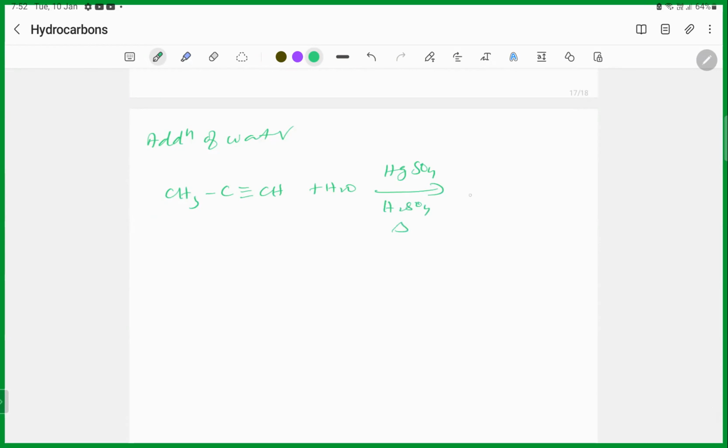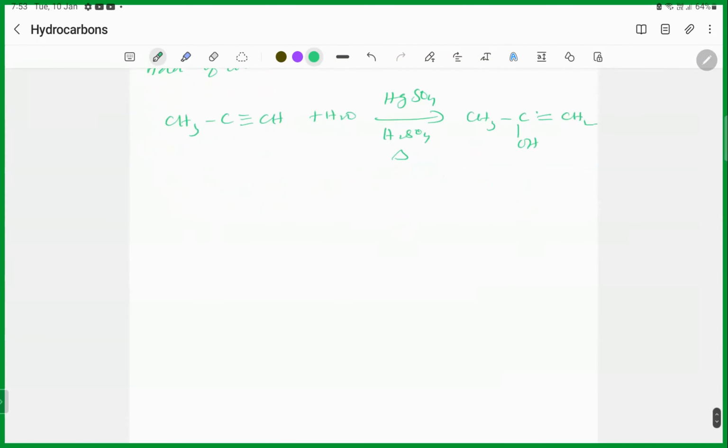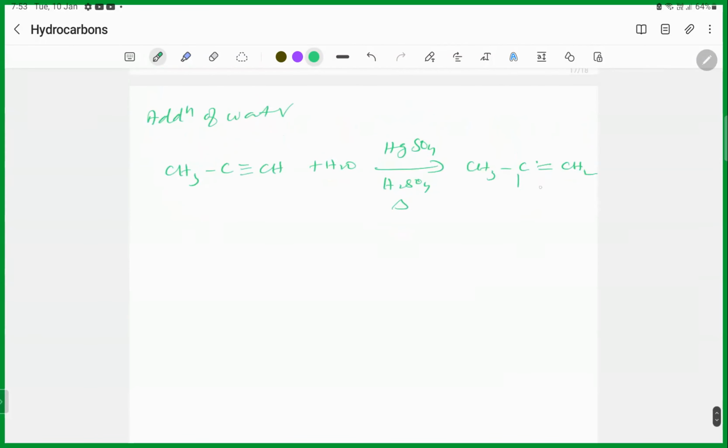It will give CH3 COH double bond CH2. That will undergo tautomerization, it will give CH3 C double bond O CH3. So tautomerization, I will get the ketone as a product.